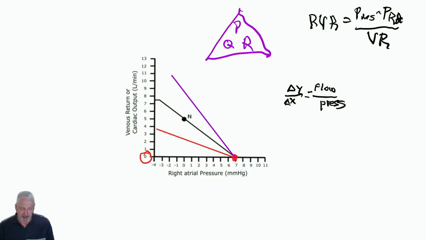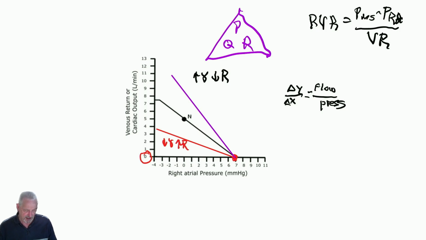The violet line here represents an increase in conductance, which means it represents a decrease in resistance. And the red line represents a decrease in conductance or an increase in resistance.